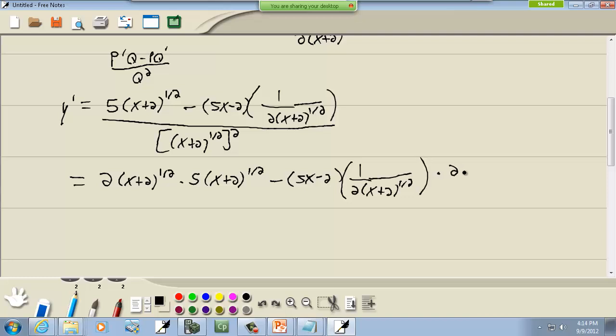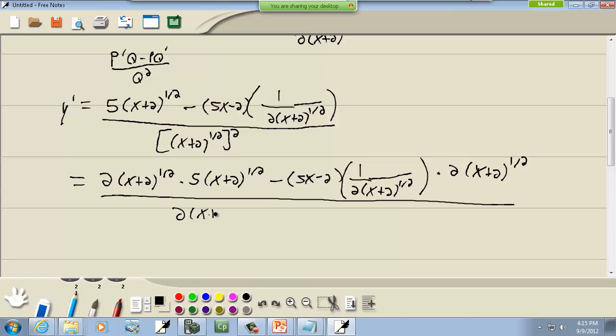Multiplying it by that also. And we're going to multiply the bottom part by it. So I got 2 x plus 2 to the 1/2 times. Now what we have down here already is we've got 1/2 raised to the second power. You multiply the exponents, so 1/2 times 2 gives you 1, so this is the first power.